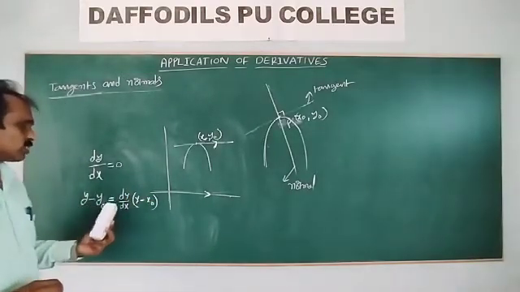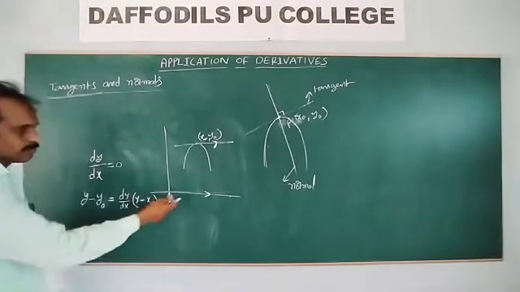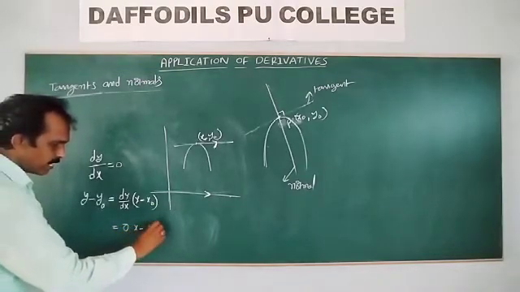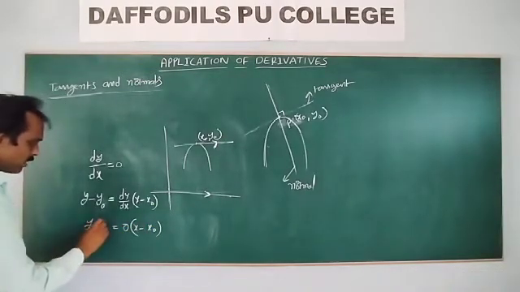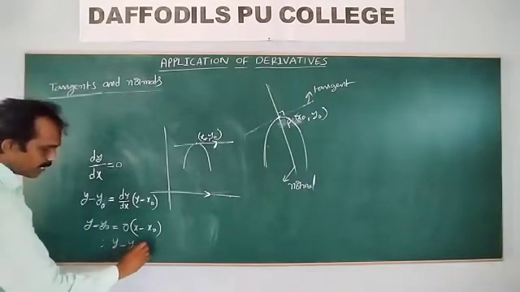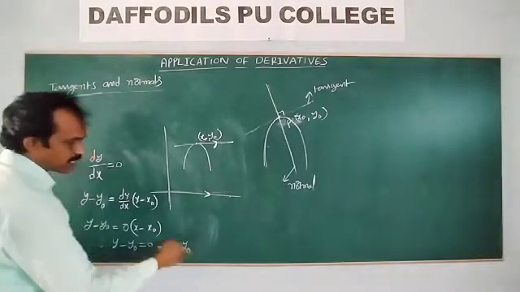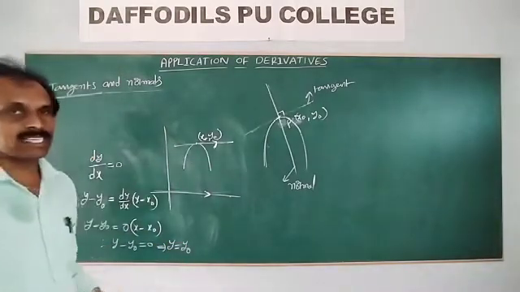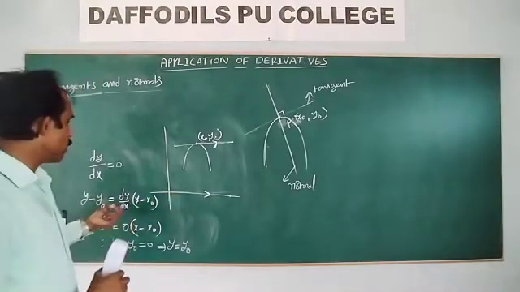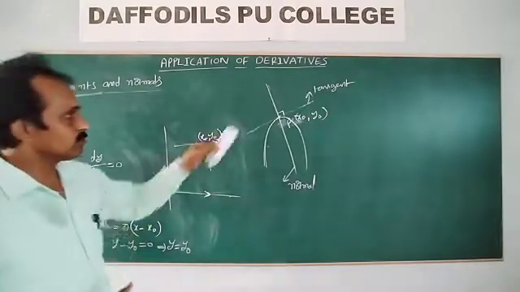If this line is parallel to the x-axis, the slope is 0, so y minus y naught is equal to 0. That implies y is equal to y naught is the tangent line equation when the tangent is parallel to the x-axis, or the slope of the tangent is equal to 0.